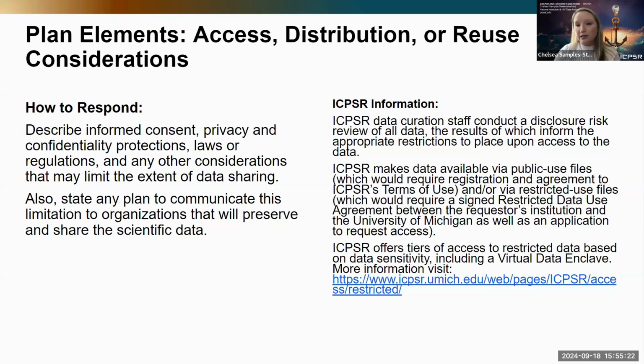But we also make data available via restricted use files, which would require an application prior to use, also including a signed restricted data use agreement between the requester's institution and the University of Michigan. So we also offer tiered access to restricted data, where more sensitive data or data that have a higher risk of harm can have additional restrictions or protections placed upon them for people to access them.